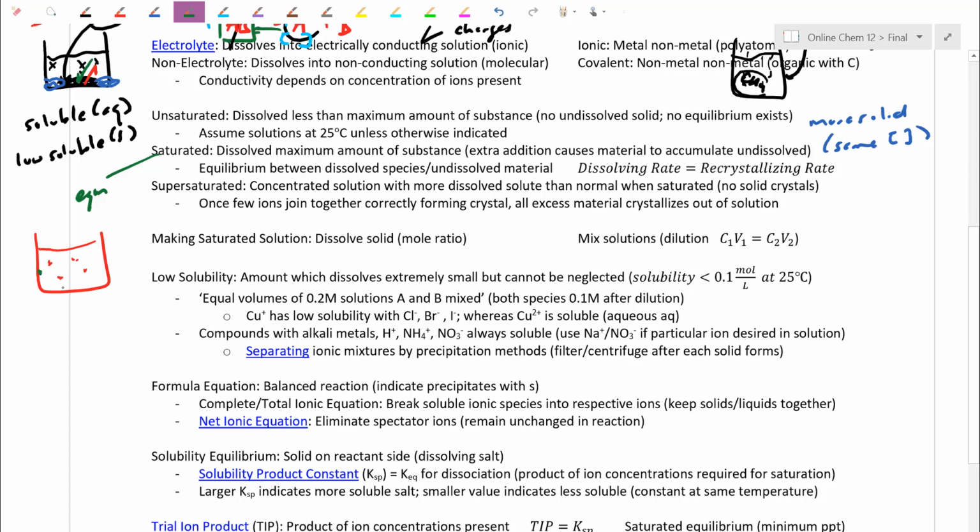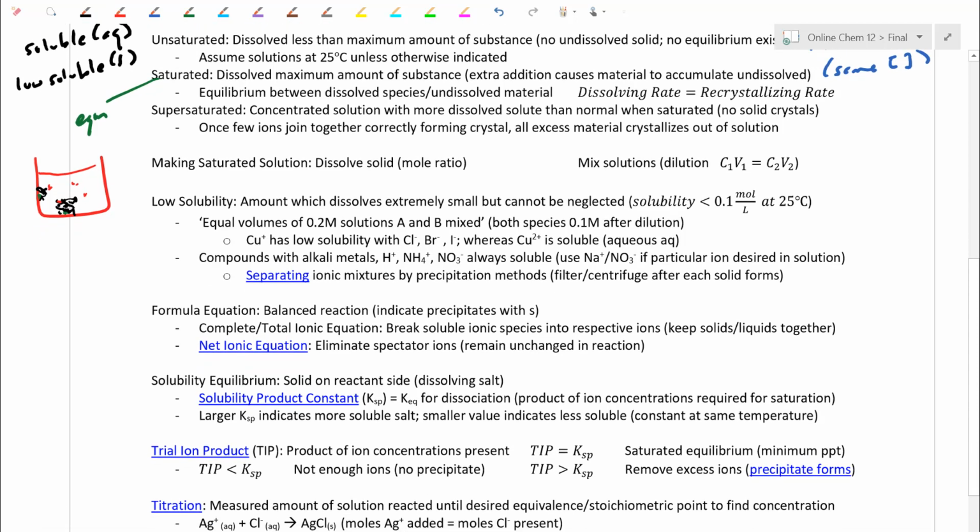If you build a little bit of a structure, then suddenly all the sugar will crash out of solution because it can build off of that scratch mark. So that's referred to as supersaturated. We've dissolved more than enough based on a change of temperature. Once you manage to help a few ions join together, the rest of it is going to crash out of solution fairly quickly.